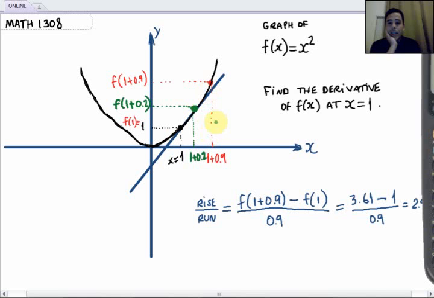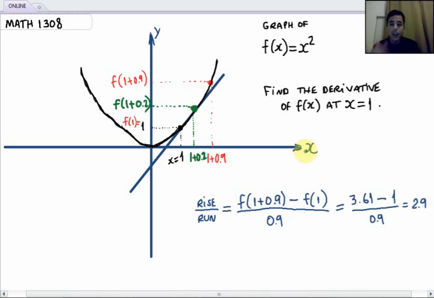Okay, so now forget the red point. Let's look at the green point there. So that's a new secant. This point now is closer to the first one. Let's compute again the rise over run and see what happens.